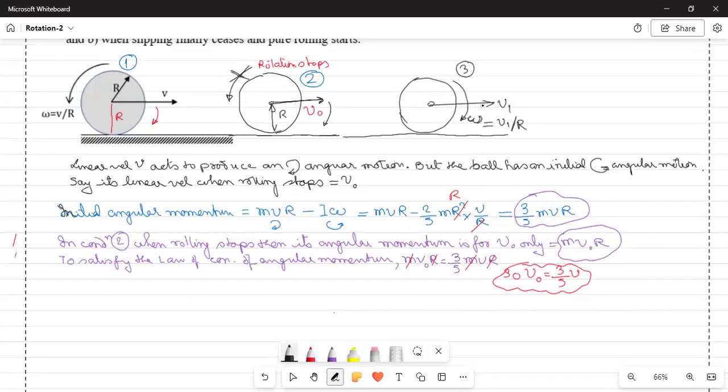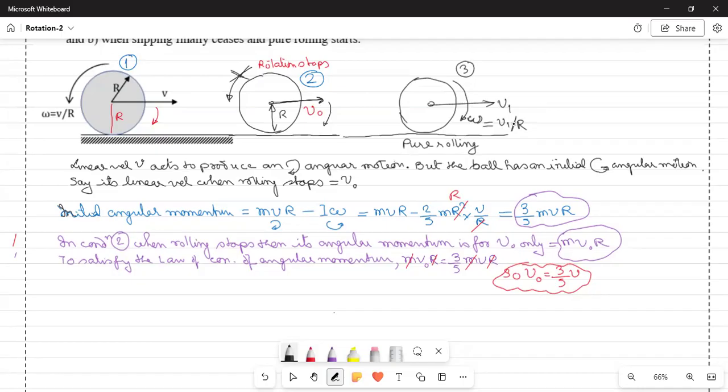And if it continues to travel forward, this v0 creates a torque, and that torque creates an angular motion omega, and a linear velocity v1 of its center of mass. Now it is pure rolling, and for pure rolling, the relation omega equals v1 by r will hold good.